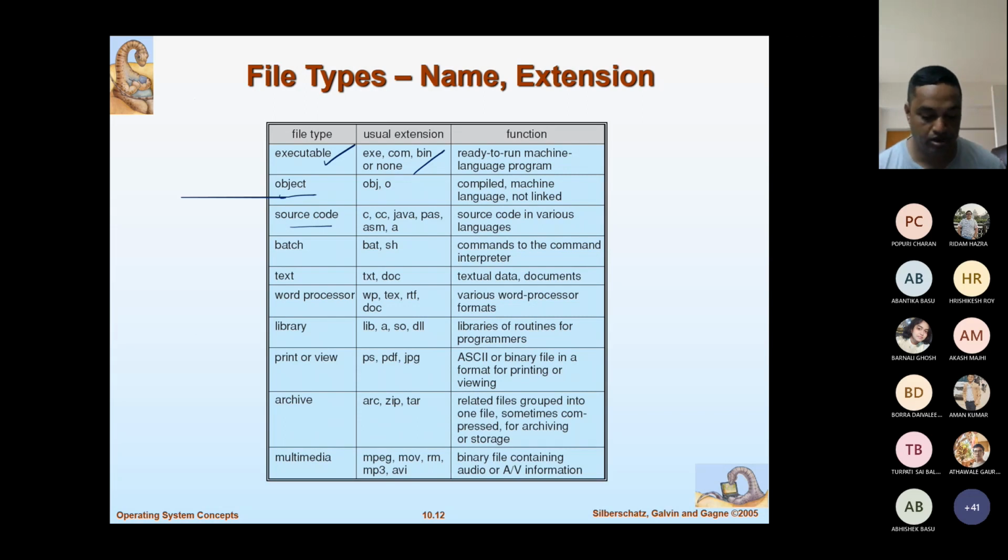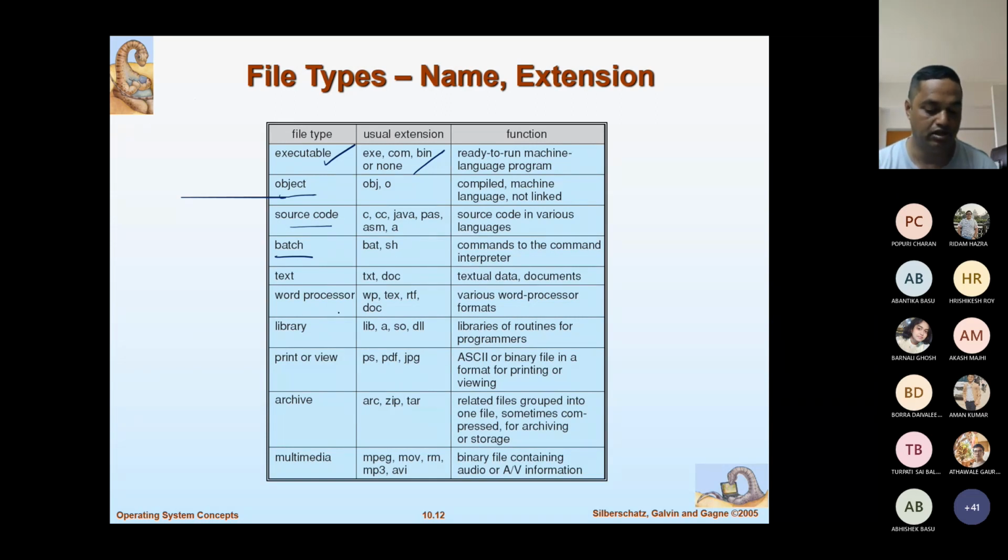Now you have another, called a batch file, where you have a collection of commands that you want to execute one at a time. You have written all the commands together in a file and you want the system to execute them, rather than writing the commands one at a time. So .bat or .sh, the shell file.